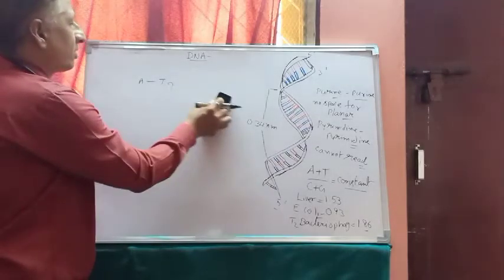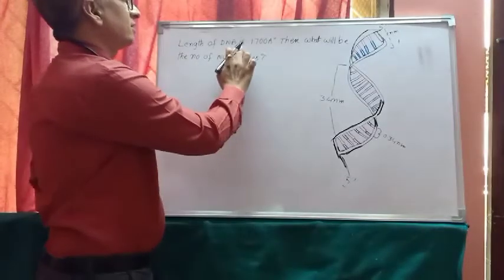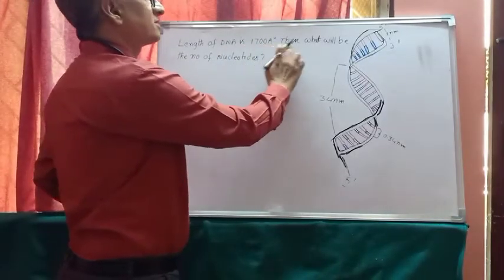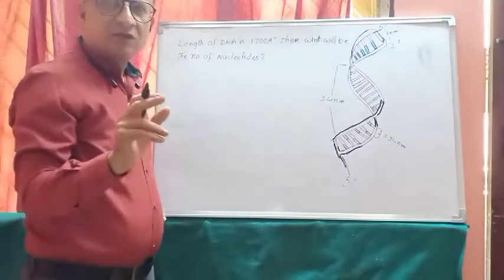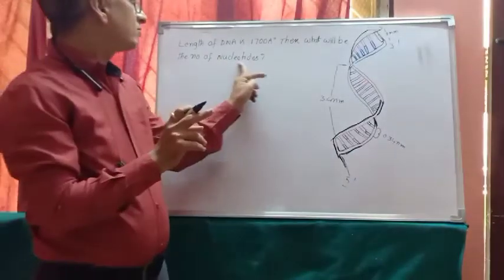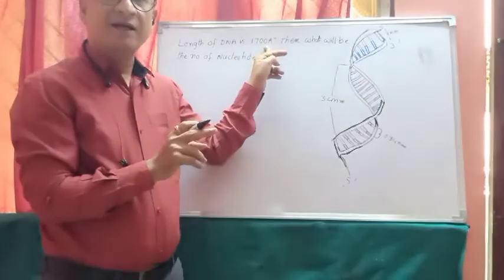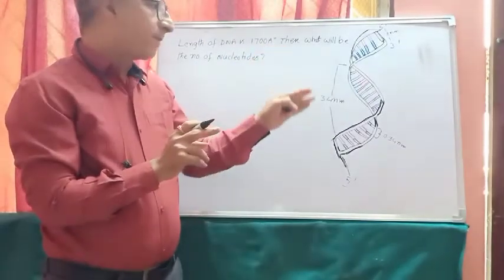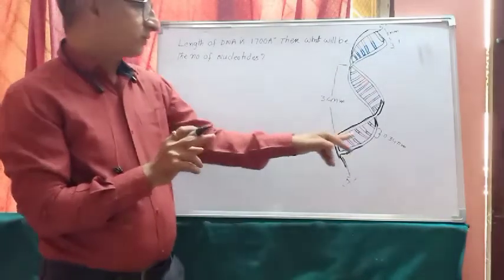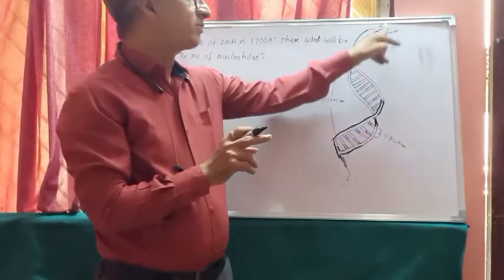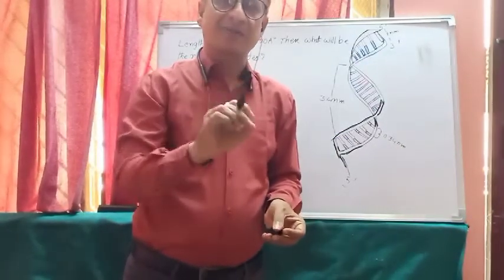Depending on this, we have some numericals. We are going to discuss them. The DNA is 1700 angstroms long, and what will be the number of nucleotides? They are asking for the number of nucleotides. The data is 1700 angstroms. But we said here 3.4 nm, 0.34 nm. We mentioned the units as nm, nanometer.